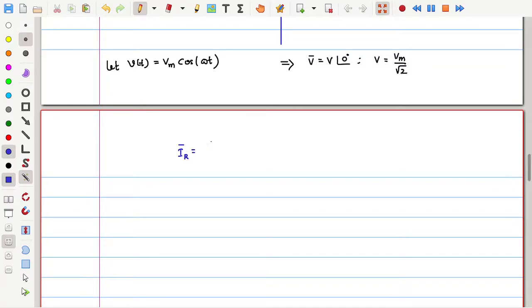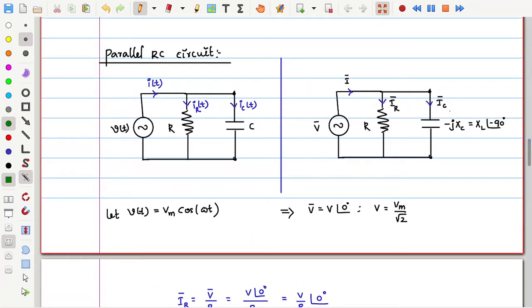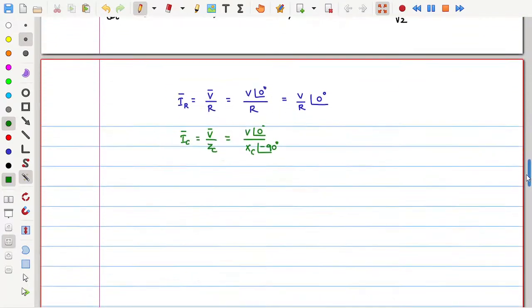IR is equal to V bar divided by R. So V bar is V at an angle 0 divided by R, which is V by R at an angle 0. Similarly, IC is equal to V bar divided by ZC. ZC is equal to minus J XC, which is XC at an angle of minus 90 degrees.